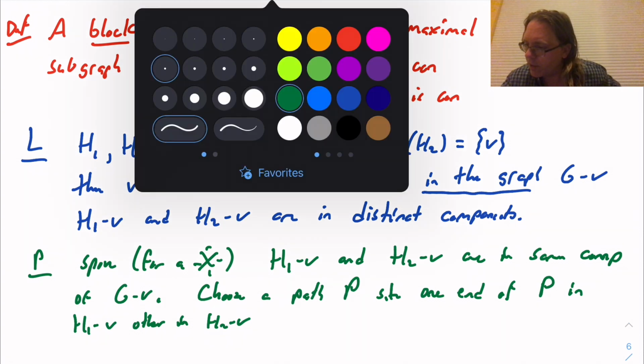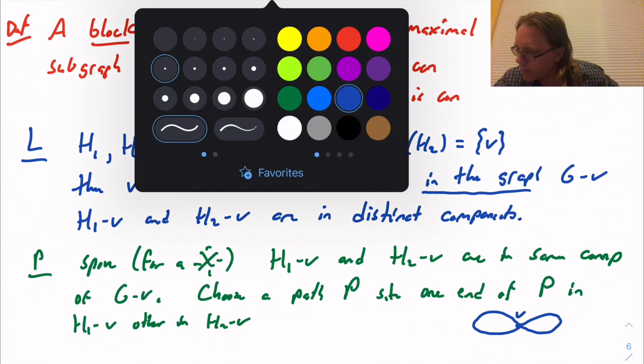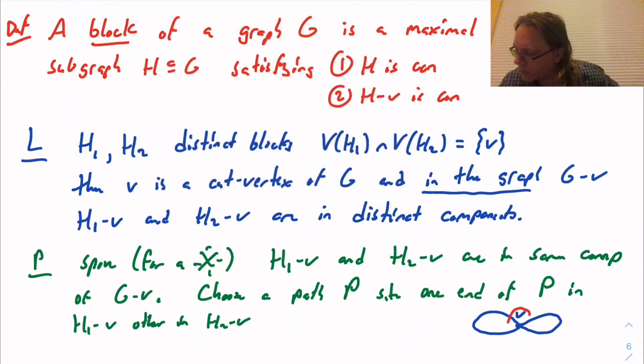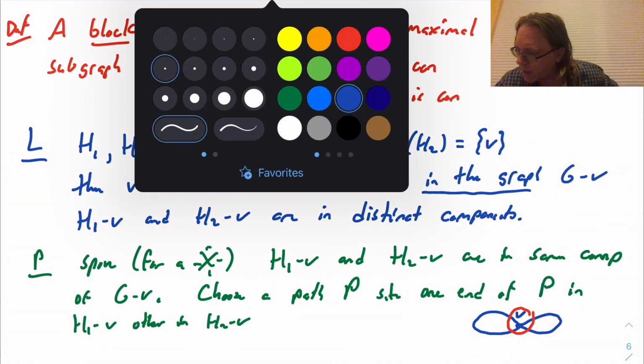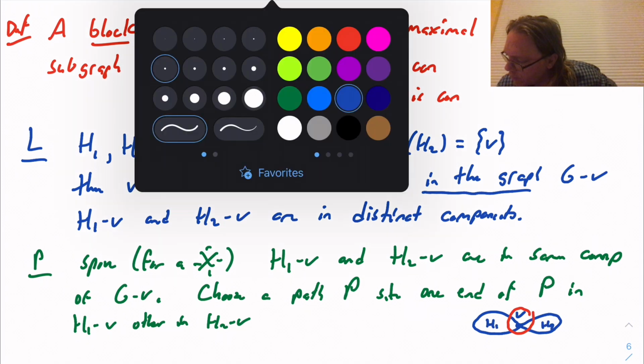And now I'd better draw a picture with what remaining space I have. So there was a vertex V here that we kind of cut out of the graph. Let me circle it. So I'm going to remove V, and this was H1 and this was H2.